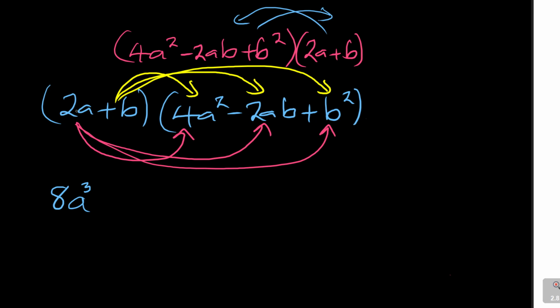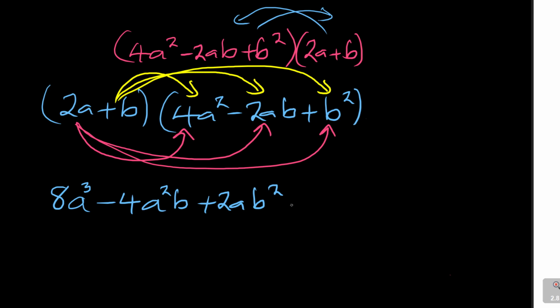A times a, that. Again, 2a times negative ab. So 2 times negative 1 is negative 2, a times a is a squared with a b. 2a times b squared is plus 2ab squared. I'm opening. Now I'm done. I go to b.